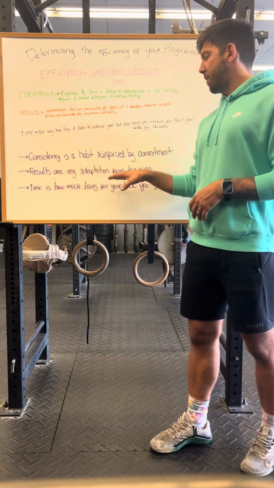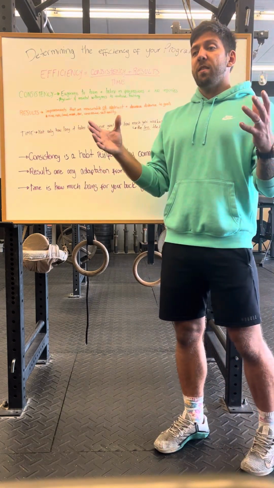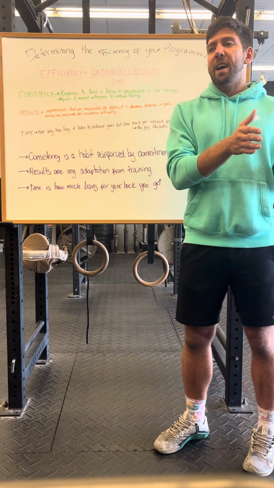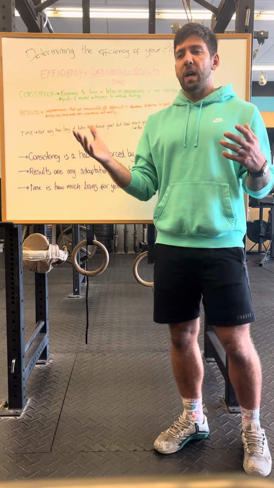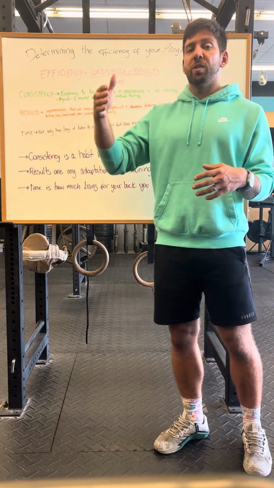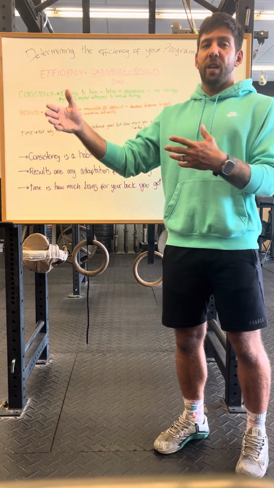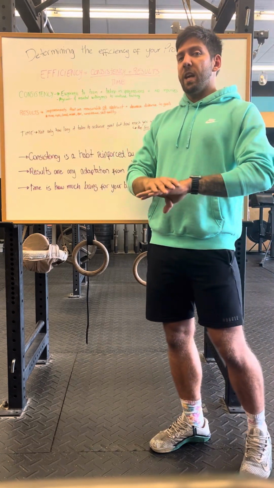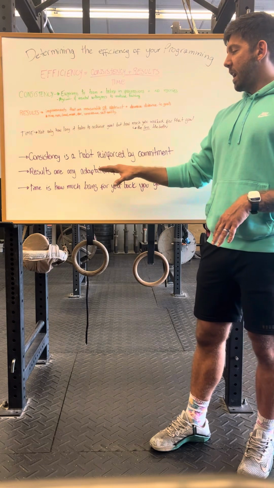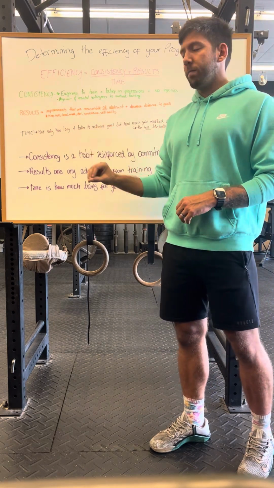Results are any adaptation from training, anything that you would not have had if it wasn't for training. That can be positive or negative. Having an injury is a result specifically from training if that's where you got an injury. So results are any adaptation, any difference that you've had that happened from training.